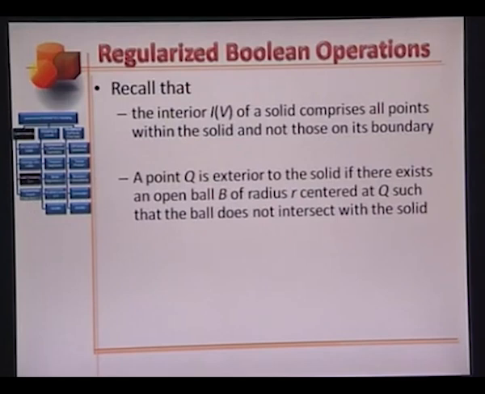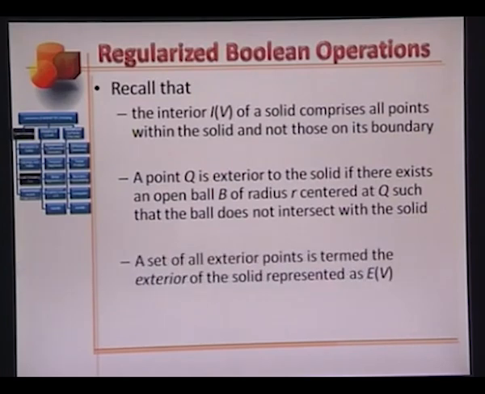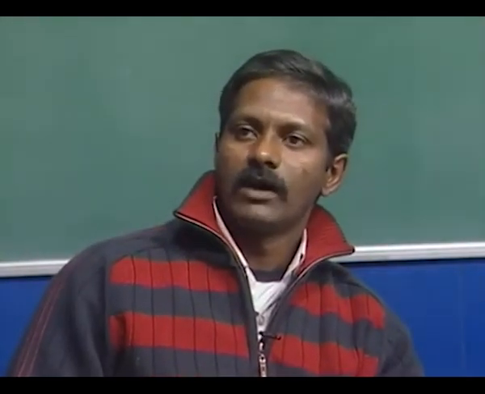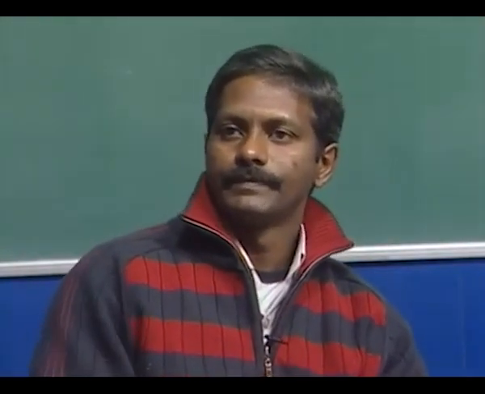A point Q is exterior to the solid if there exists an open ball of radius r centered at Q such that the ball does not intersect with the solid. A set of all exterior points is termed as the exterior of the solid, represented as E(V), where V would be a set of all points belonging to the solid.